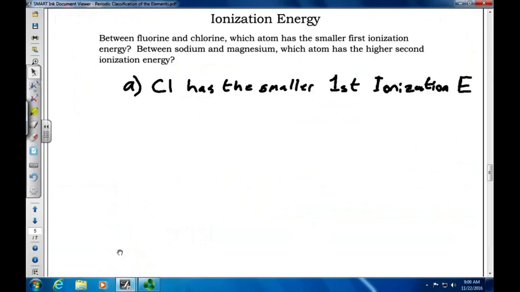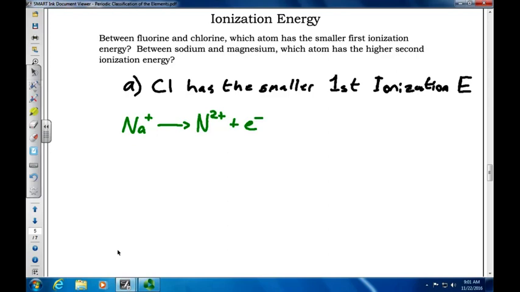So period 3, let's go back to our original slide and look at what we're actually addressing here. With period 3, we're looking at sodium as Na+ going to Na2+ plus an electron.